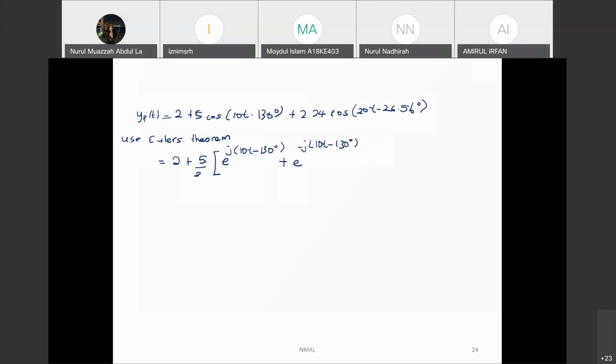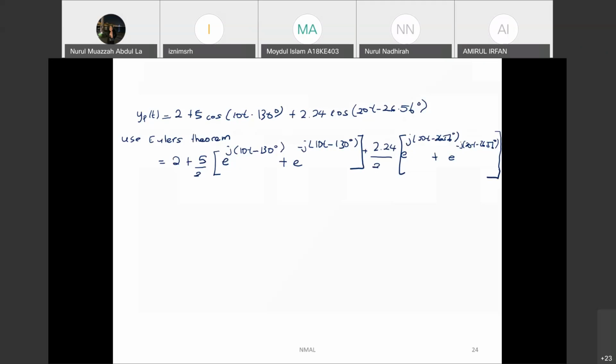So this is only for one component, for 5 cos. Okay, and then another part is 2.24 divided by 2, exponent j(20t minus 26.56 degrees) plus exponent negative j(20t minus 26.56 degrees). So I hope you can understand my handwriting.